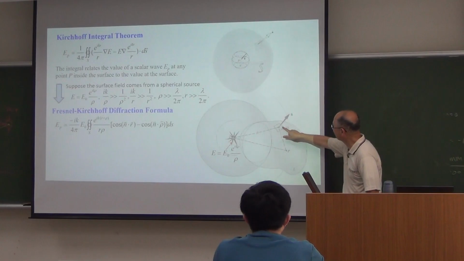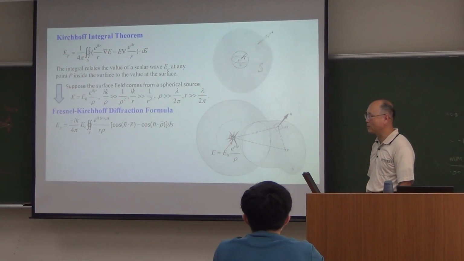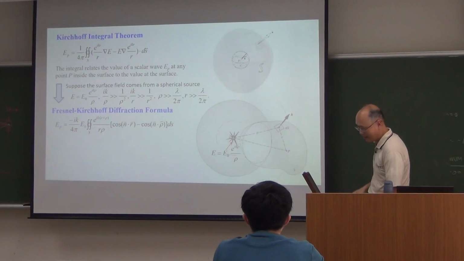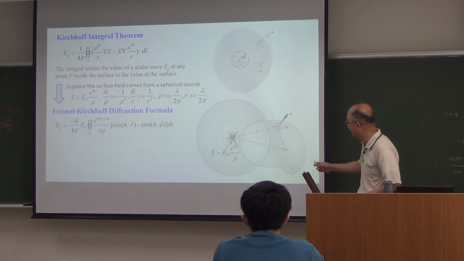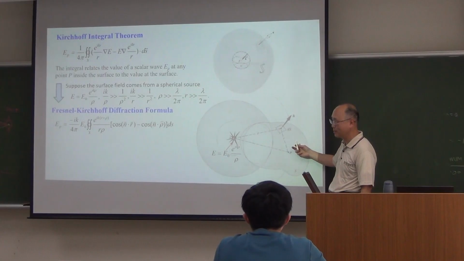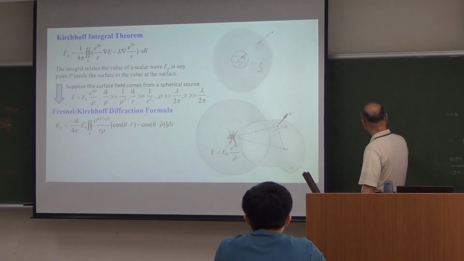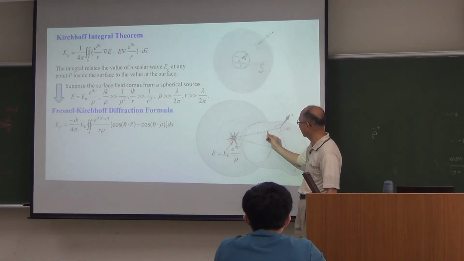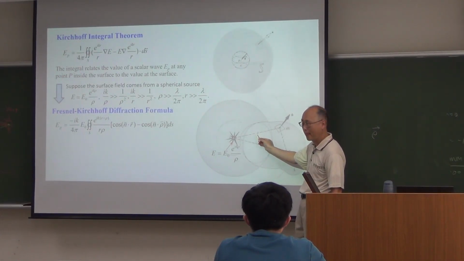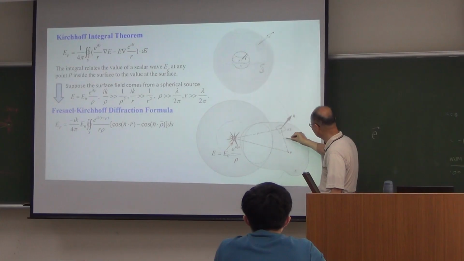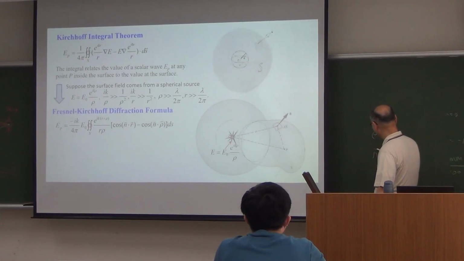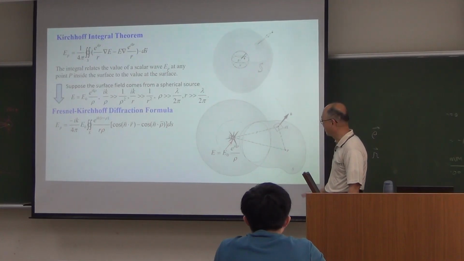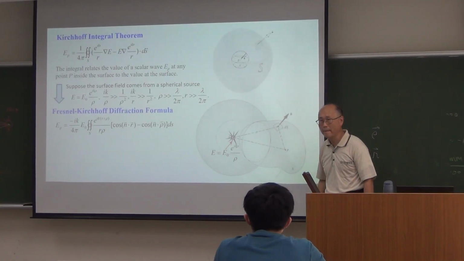The surface normal points outward from this surface, right? And because the origin is on this surface, the direction of rho points along this direction, and the direction of R points along this direction.